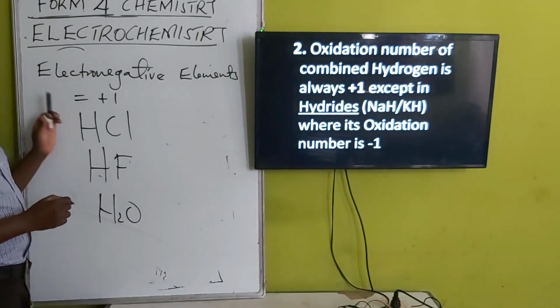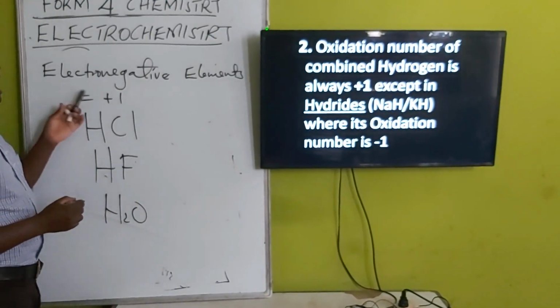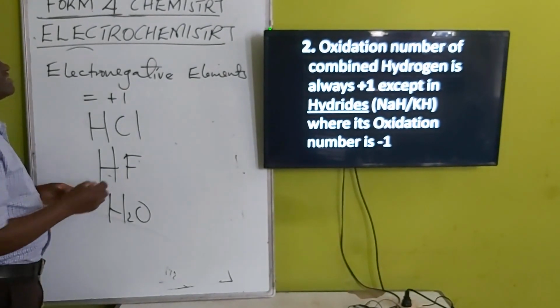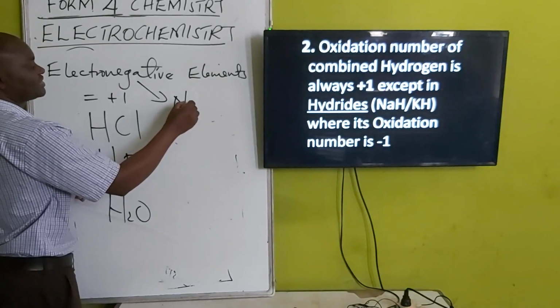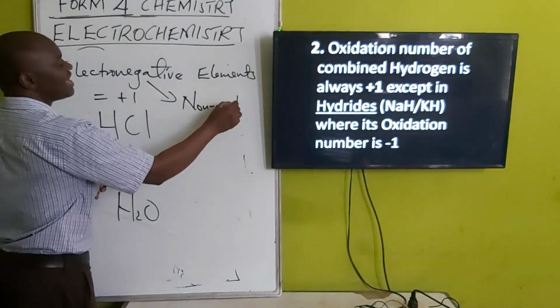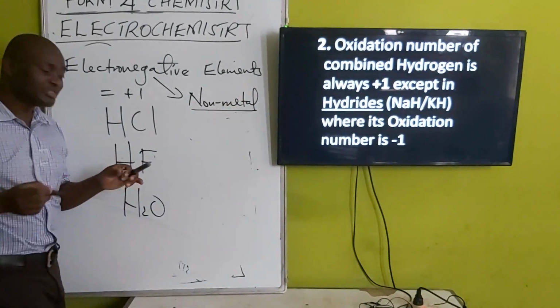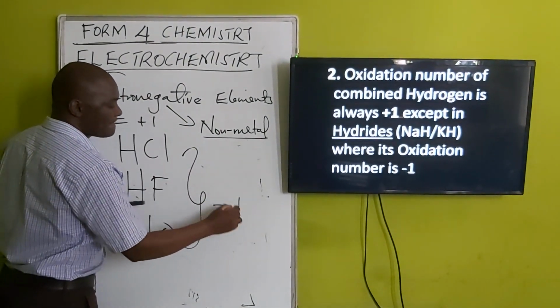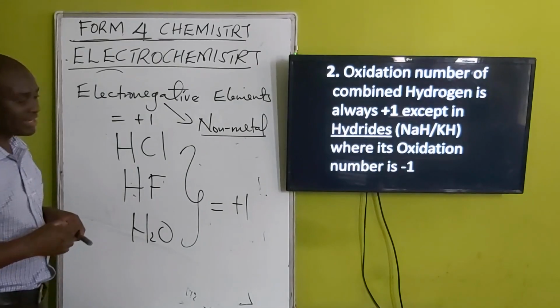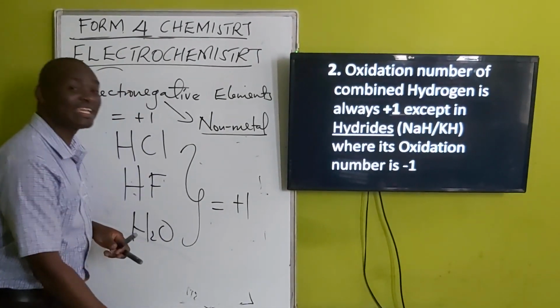So when hydrogen is bonded to highly electronegative elements, and electronegative elements are nonmetals, where hydrogen is bonded to a nonmetal, it is normally assigned +1. That is our second rule.